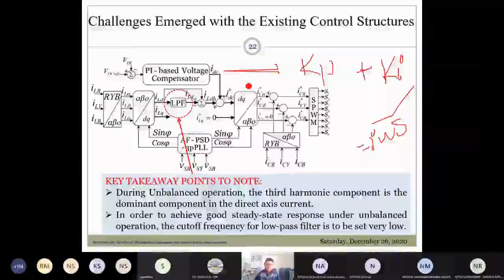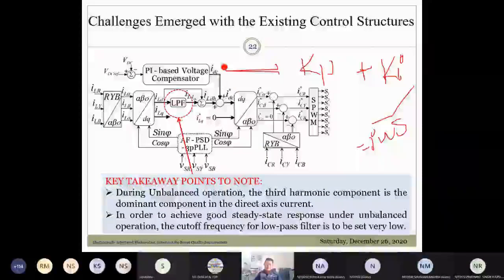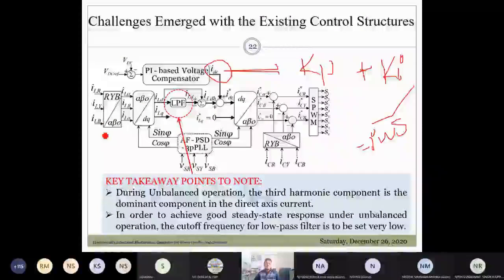However, in case of DC, it's absolutely fine to employ the PI controller, and you can have zero steady state error at this point. So when you transform these three-phase instantaneous voltages and currents into a DQ frame, the control is much easier because the PI controller can operate effectively with the DC quantities.